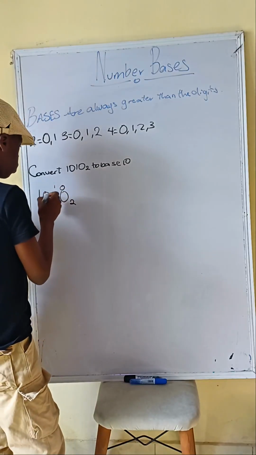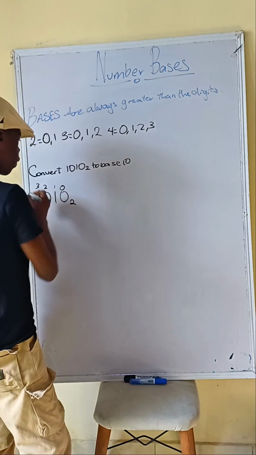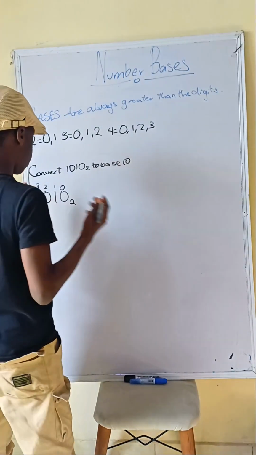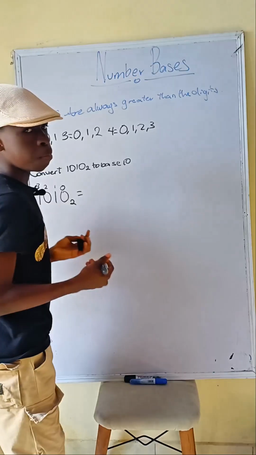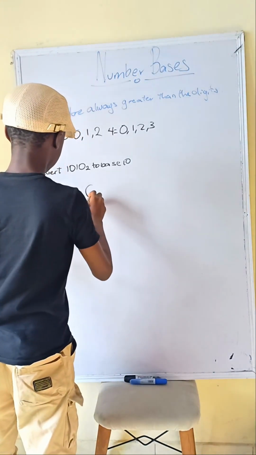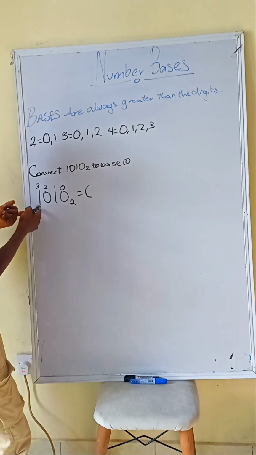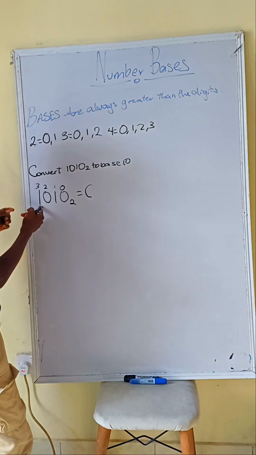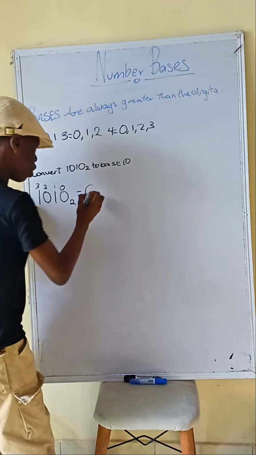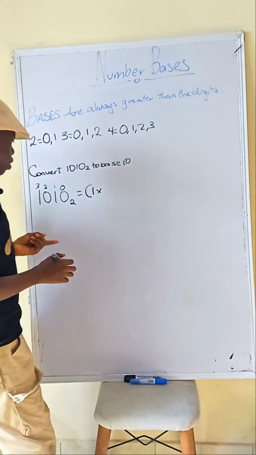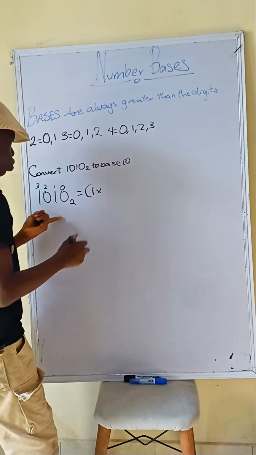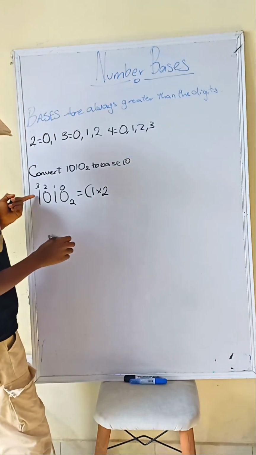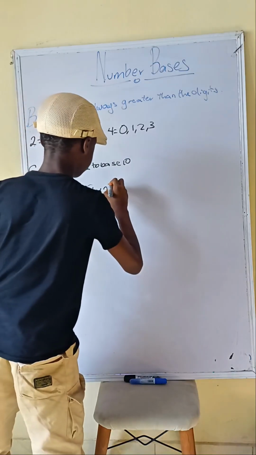0, 1, 2, 3. Great. Then after that, we open up a bracket. Then we start from this one. We start from one individual number. So 1 times the base 2. And what's on top of 1? 3.